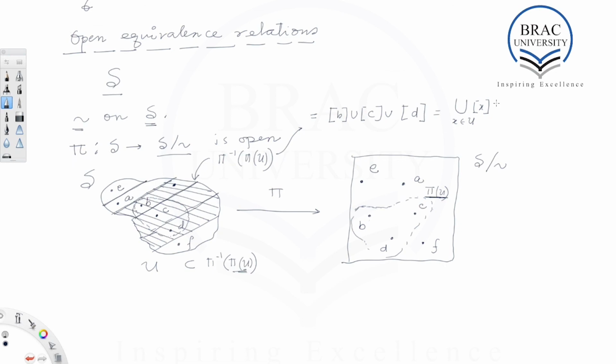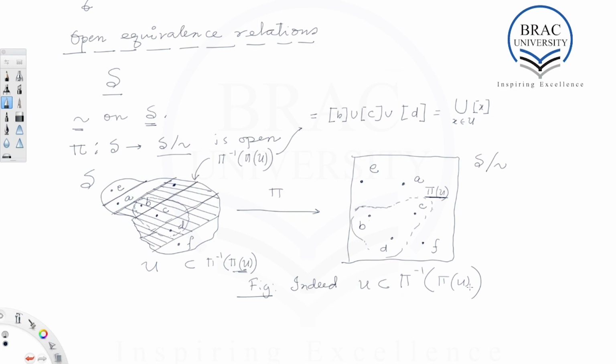Okay, so this is a strict containment which is clear from this picture. Okay, they are not equal. So the caption of this figure is, indeed, U is contained in the pre-image of pi U under pi. Okay, good.